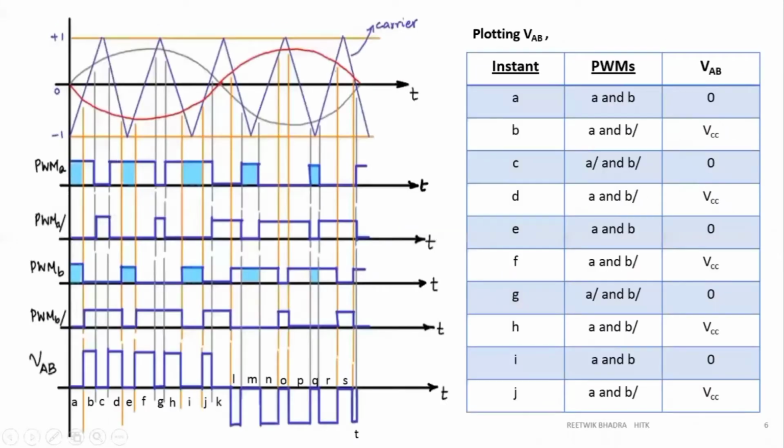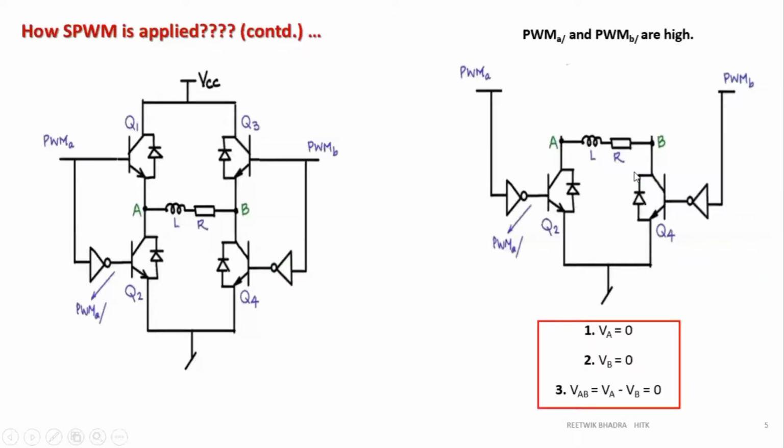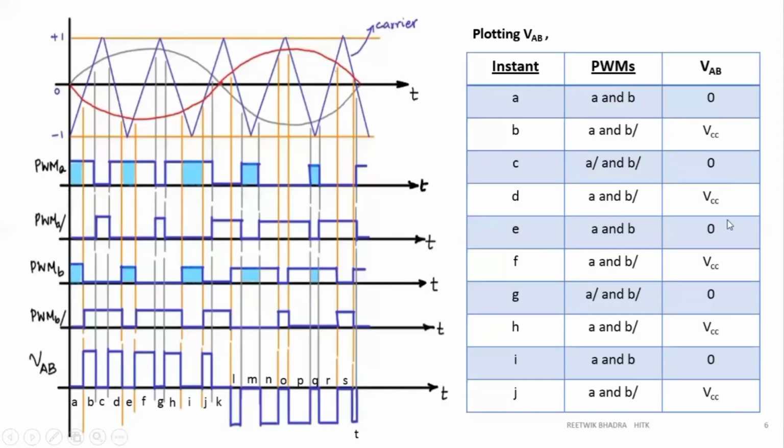So that's why over here I have written VCC. Now my third condition, number C. Which is my condition? B bar is high, B is 0, and A bar is high. So A bar and B bar are high. So that's why I've written A bar and B bar over here. And when A bar and B bar are high, what will be my VAB? 0. So that's why I've written 0 in the third instance.